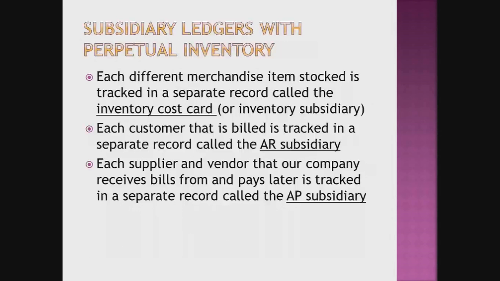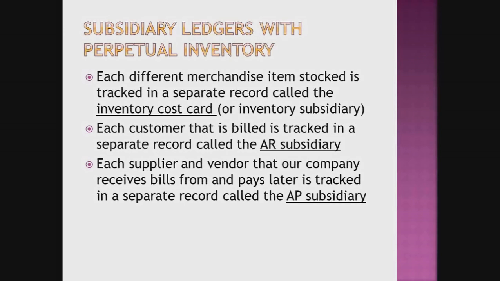Detail, detail, detail. We still have the general journal, the general ledger, and the trial balance, but we also have to track all those thousands of things that store stocks. So next time you walk into a retail store, appreciate all the work they have to do. Software does a lot of it for you, but still you have to enter data.